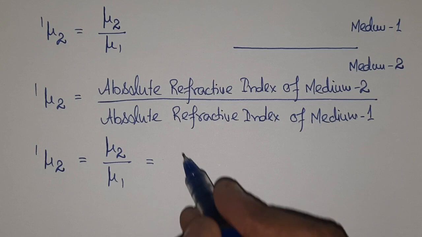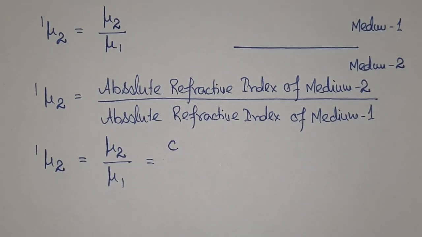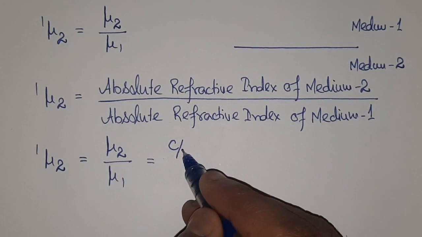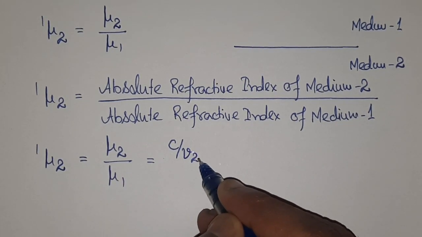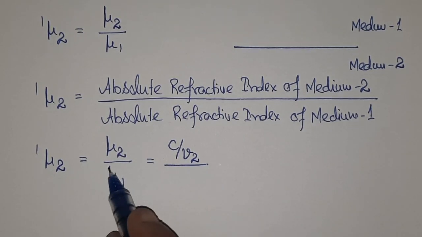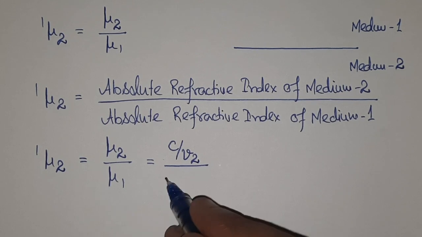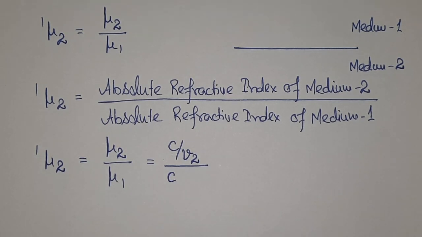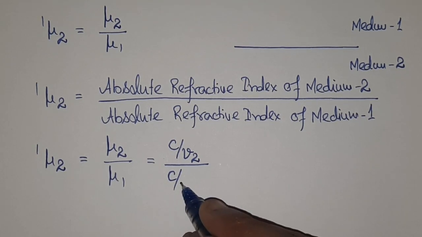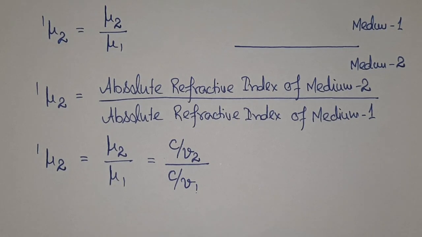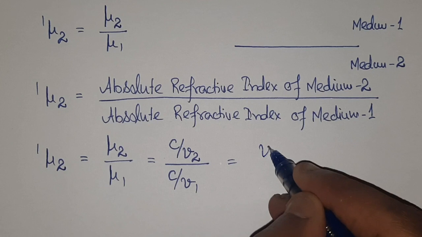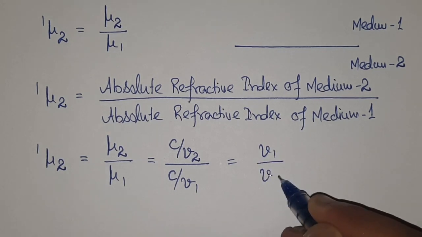Velocity of light in vacuum or empty space with respect to velocity of light in the medium, suppose v2. Now the absolute refractive index of medium 1, in the same way, is velocity of light in vacuum or air divided by velocity of light in medium 1. Solving this, C and C cancel and we get V1 by V2.